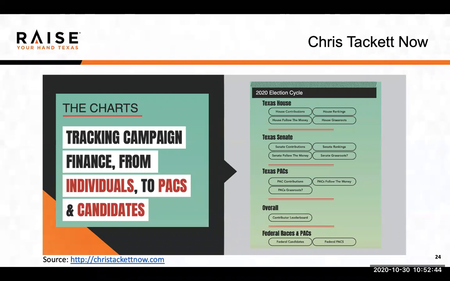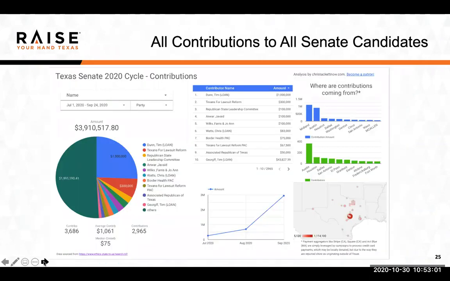If this is of interest to you, just search on Chris Tackett Now and play around with his website. I'm going to show you some screenshots of a few things that he has put together to give you a feel for what information you can learn.